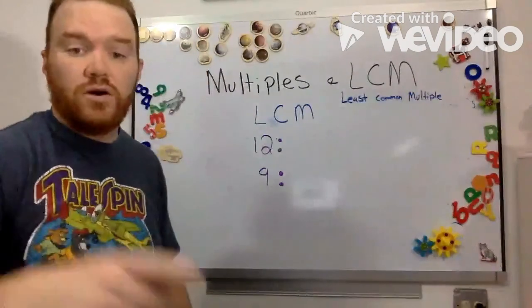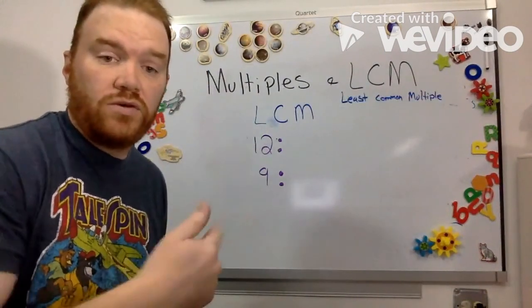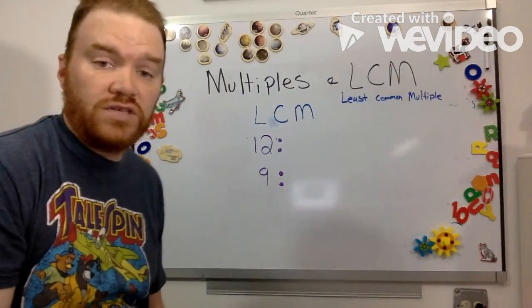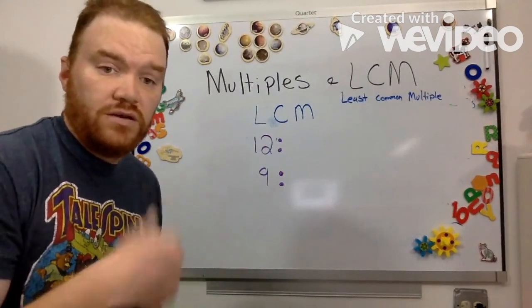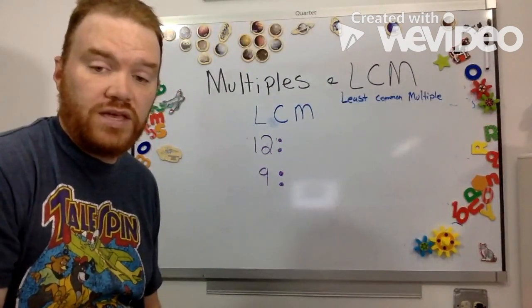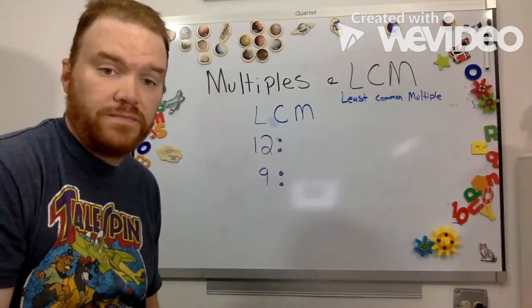Hit pause, and when you've figured out your least common multiple of 12 and 9, you can click play again and check your answer.